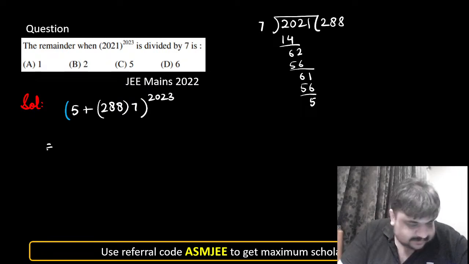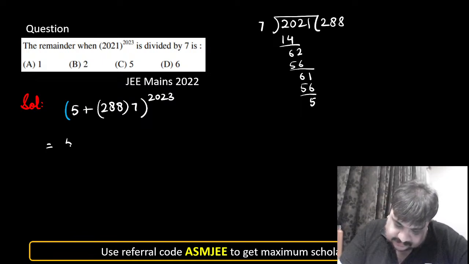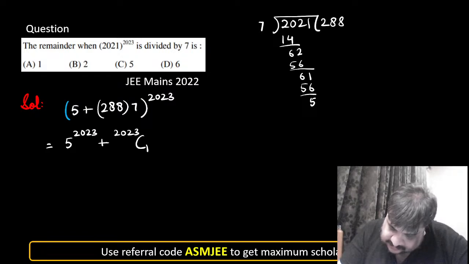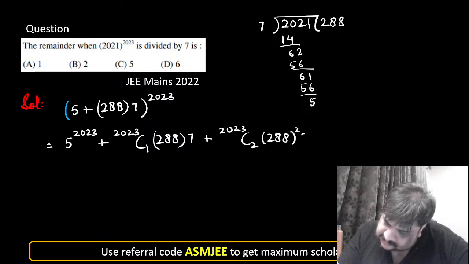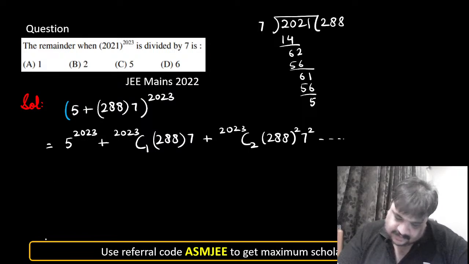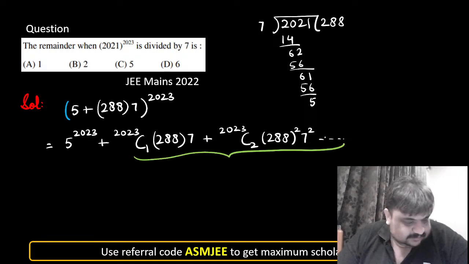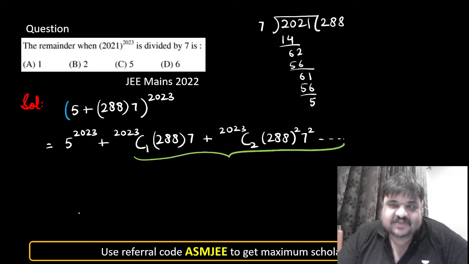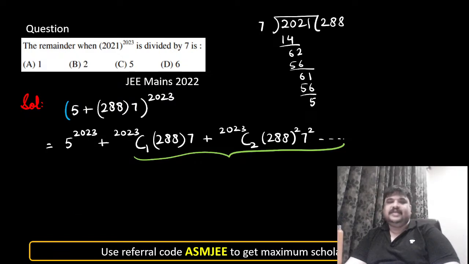Now what will happen? When you expand, this is how it will look. And you can very well observe all these terms will have 7 as a factor.